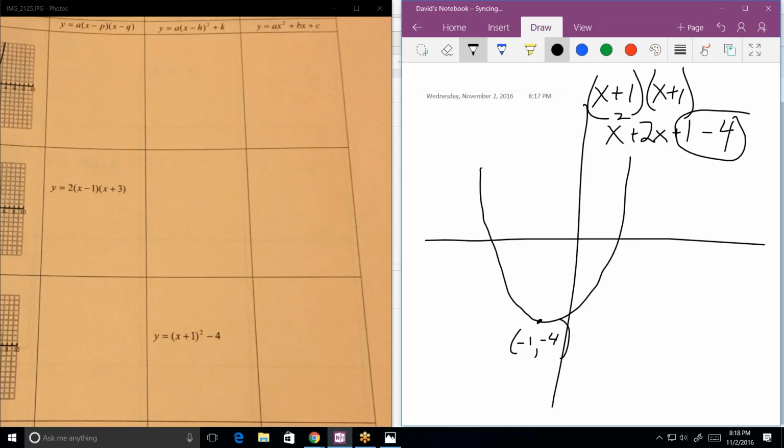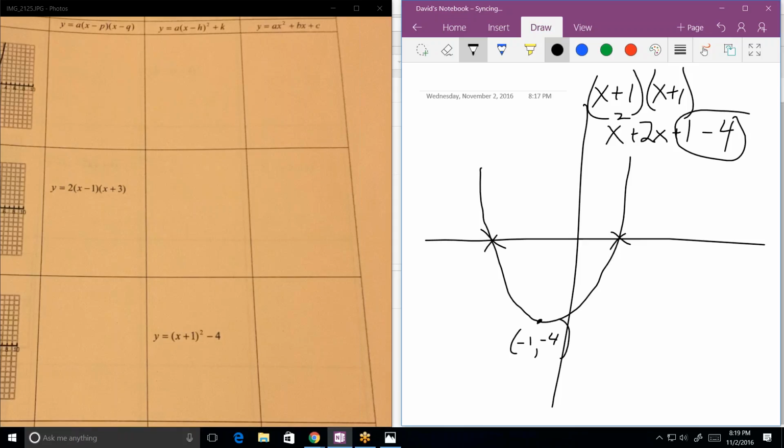No, we're going to have to solve this equation making y equal what? When I'm talking x-intercepts, what's y? No matter what kind of equation or function you're talking about, when you're talking x-intercepts, what does that mean y is?